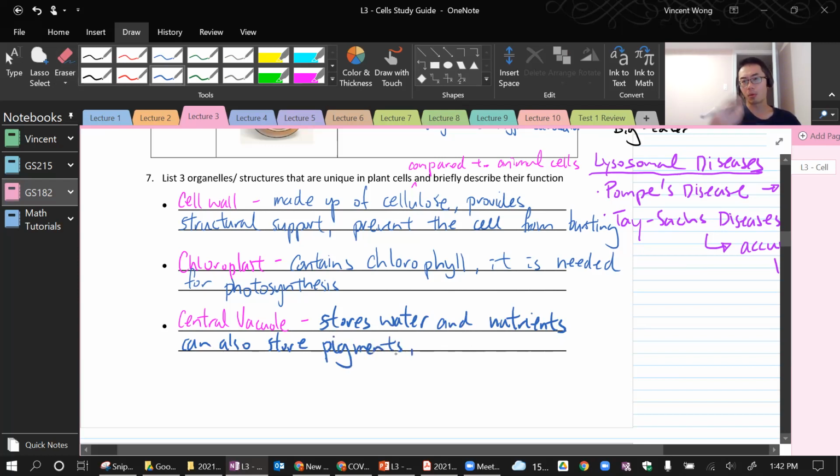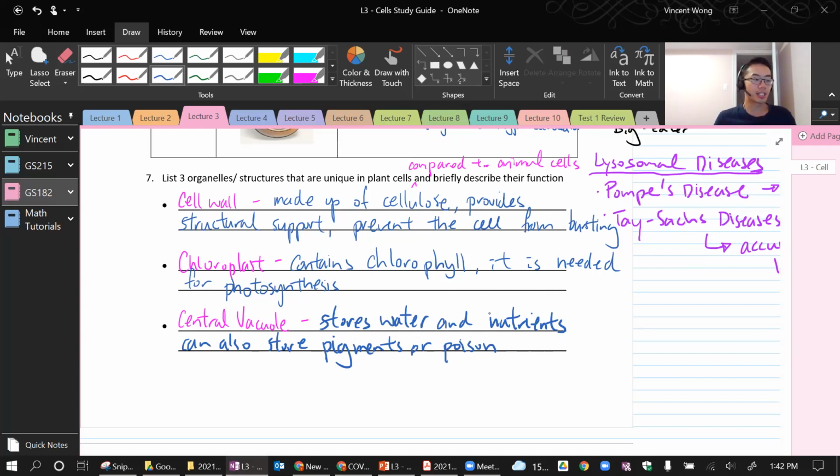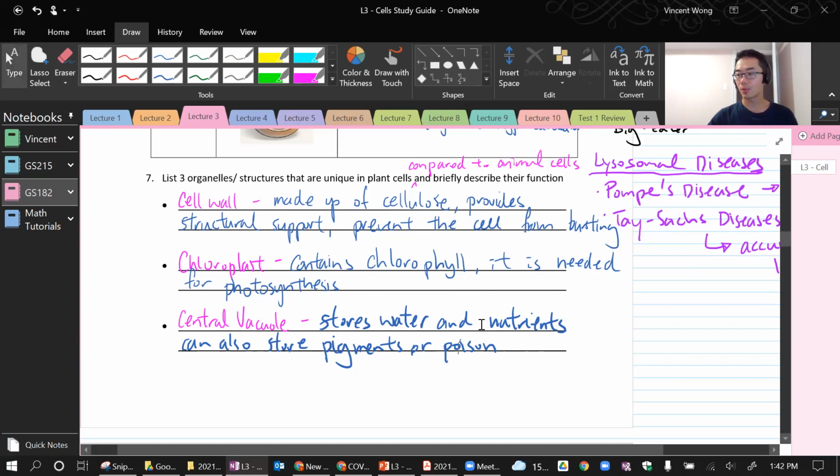So like flowers, stuff like that. Or even poison. Some plants are poisonous, as you know. Where do they store the toxin? In these special central vacuoles. Okay, so those are three little things that are found in plants but not animal cells.